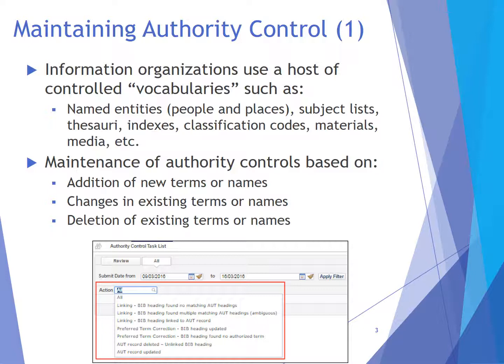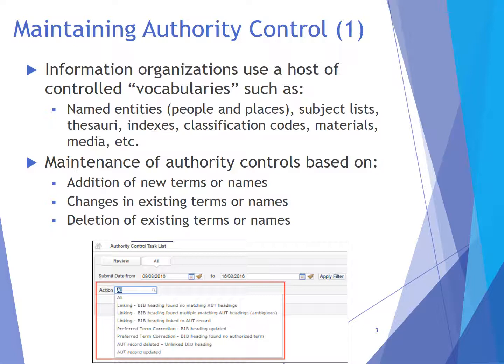Other authority controlled lists could be subject heading lists, such as the Sears list or the Library of Congress's subject heading list. Thesauri of controlled terms, indexes with indexing terms, classification schemes, codes, lists for types of materials, media, object type.